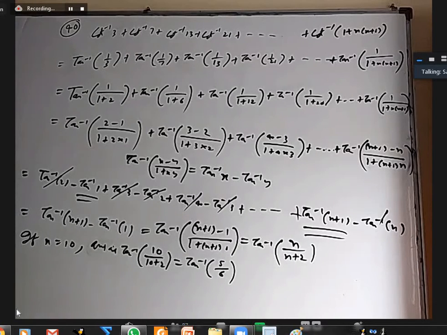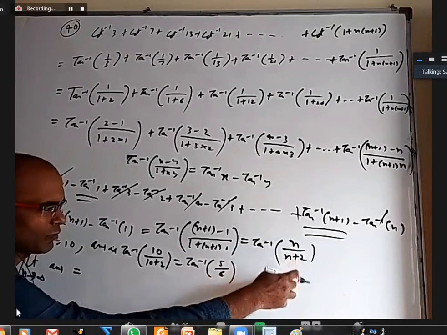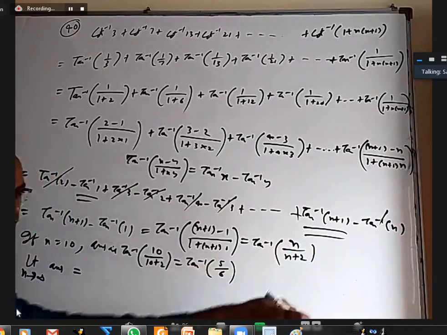If n becomes infinity, what will happen to this answer? Anyway, you are studying limits. Limit n tends to infinity, answer. Final answer: pi by 4. Yes, if you divide by n here, it will become 1 by 1 plus 2 by n, which will tend to 1. Tan inverse 1 will be pi by 4.